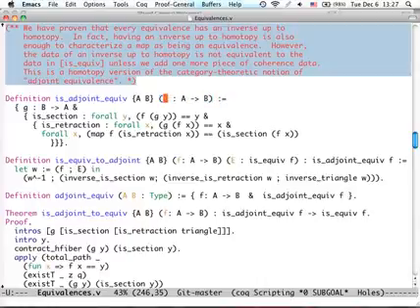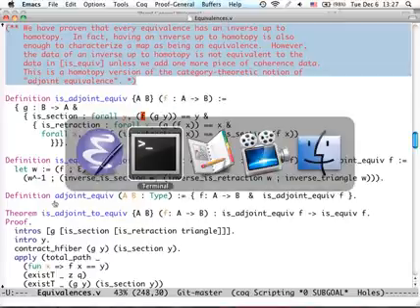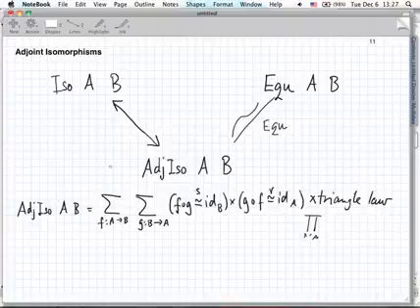F is an adjoint equivalence means, let's read the definition. I'll read it in the logical form, not as a space. To say that F is an adjoint equivalence means that we have a G, which goes in the other direction, and we have a map is section, which for all Y gives me a path from F of G of Y to Y. So that's what used to be my S. Let's go back here and see.